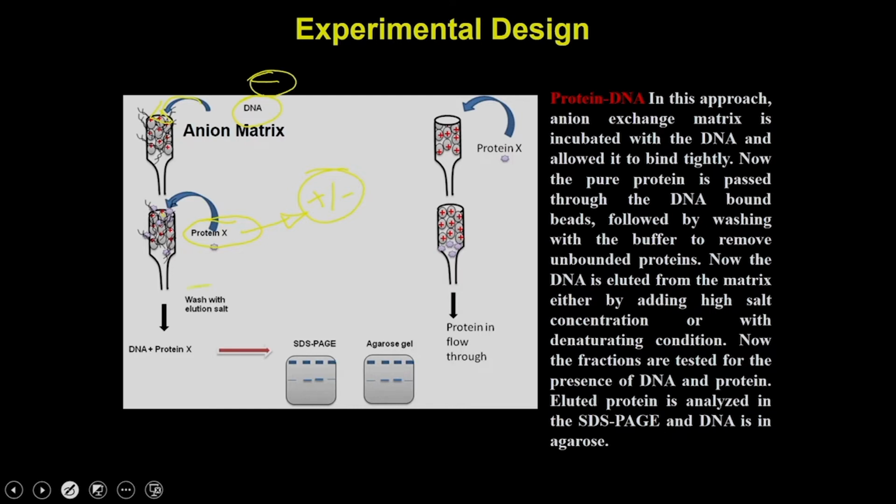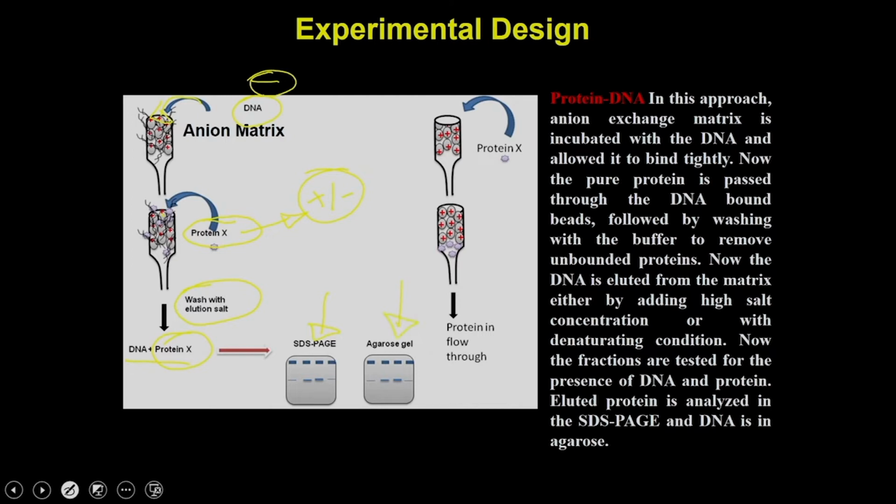Then you wash this with a chromatographic wash, and then elute it with salt. So, what will happen when you elute it with the salt is that the DNA as well as the transcription factor is going to be eluted. Then you take the eluents and analyze them on SDS-PAGE as well as agarose gel.